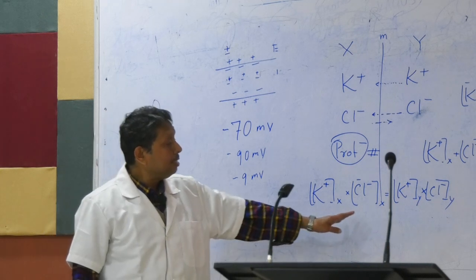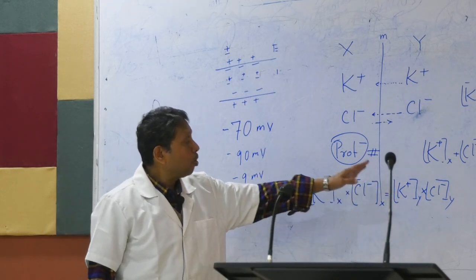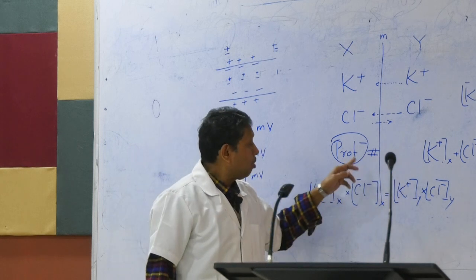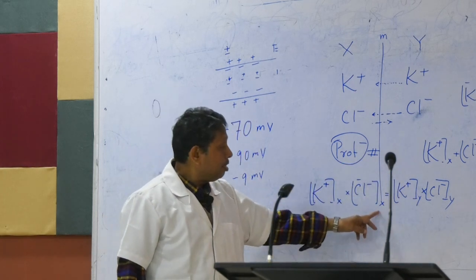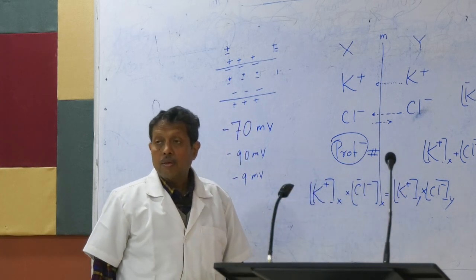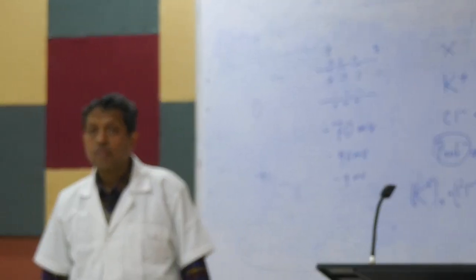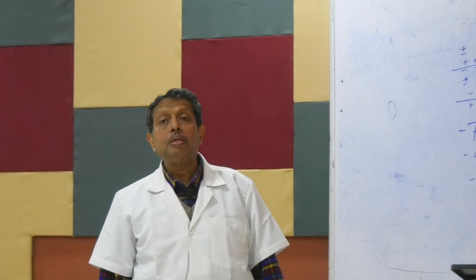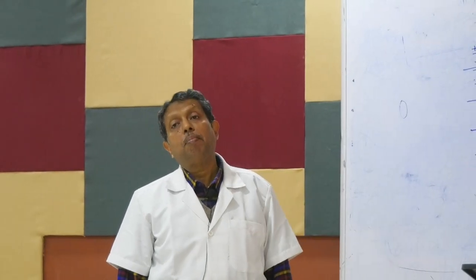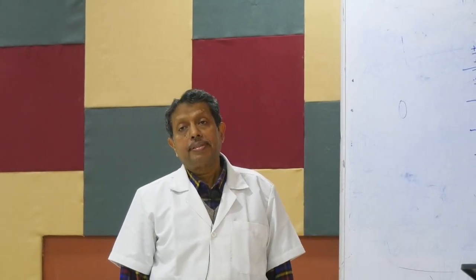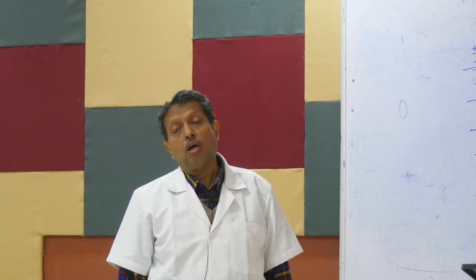So the result is that there are more osmotically active particles across this membrane. If you consider some values, you can calculate what the concentrations of chloride ion and potassium ion should be after equilibration.